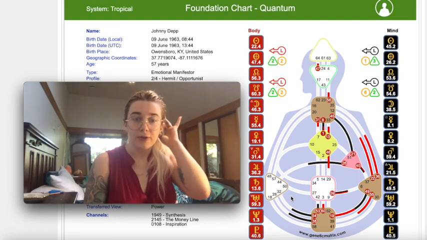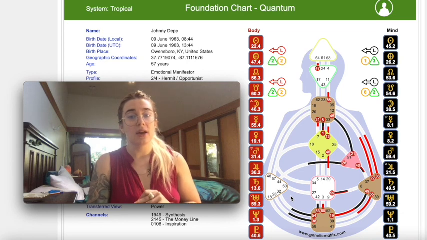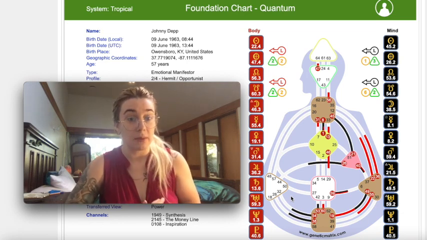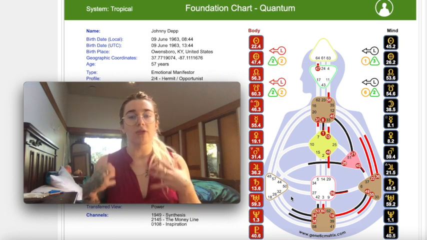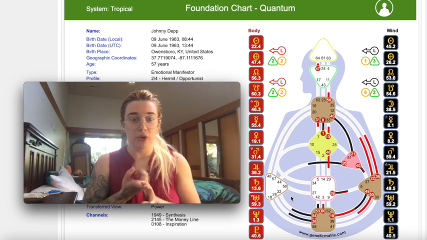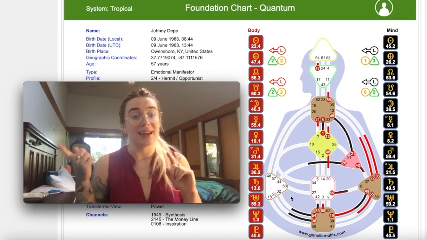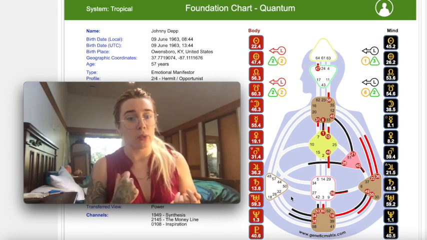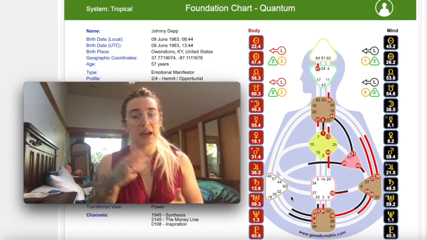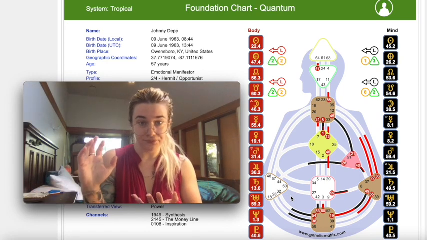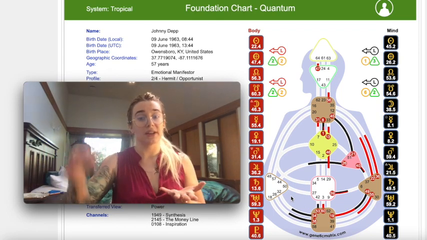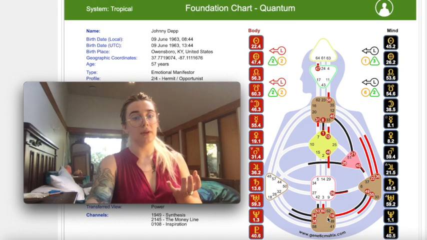How it's going to work for him is, and most of this will not be conscious either, it might be, but how it's going to work for him is he's going to, first of all, because he's a manifestor, be in his own timing and initiate whenever he wants to. But it's going to happen in accord to his emotions, because the emotional solar plexus is what is lighting up the root center.